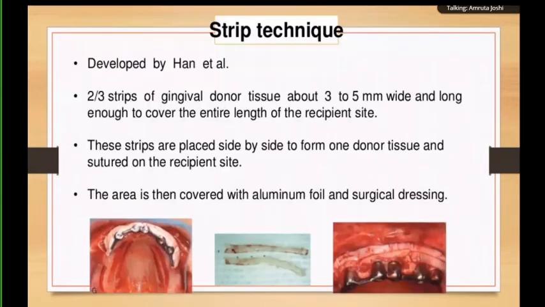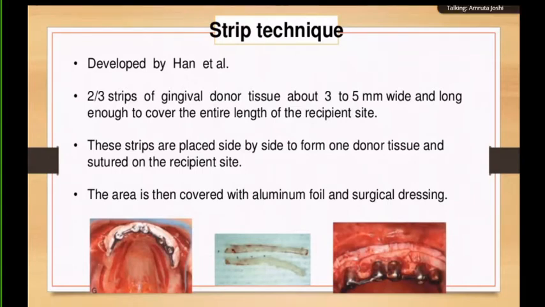Then there is the strip technique. The concept is the same: from the palate you remove epithelium and a thin layer of connective tissue and place it on the recipient side. But here, when you need too much tissue, you cannot just go on cutting the entire palate.